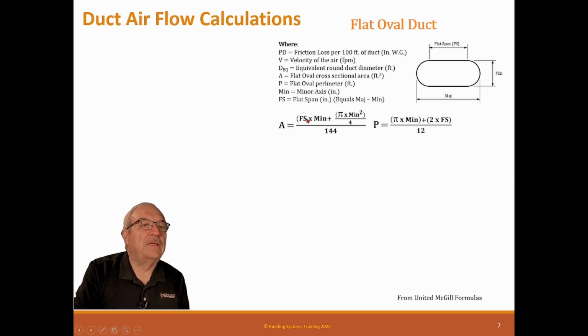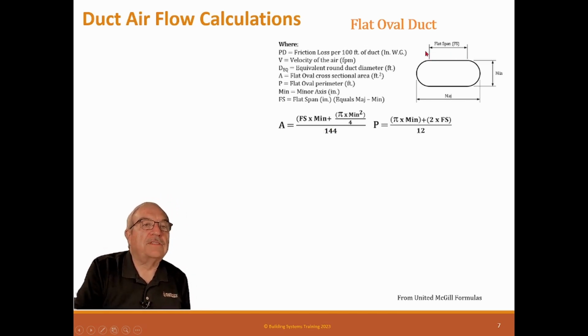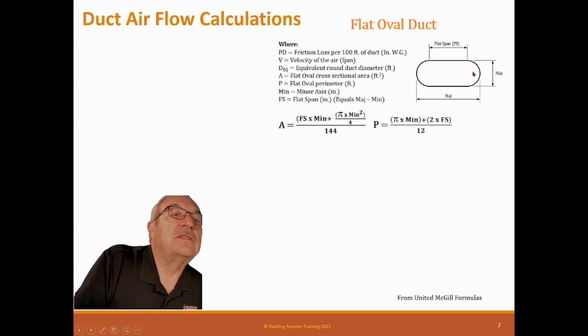This is the flat span. This is the minimum span, and then this is the outside dimension. So the formula is FS, which is this dimension, times minimum dimension, which is this dimension, plus pi times minimum dimension squared over 4, divided by 144.